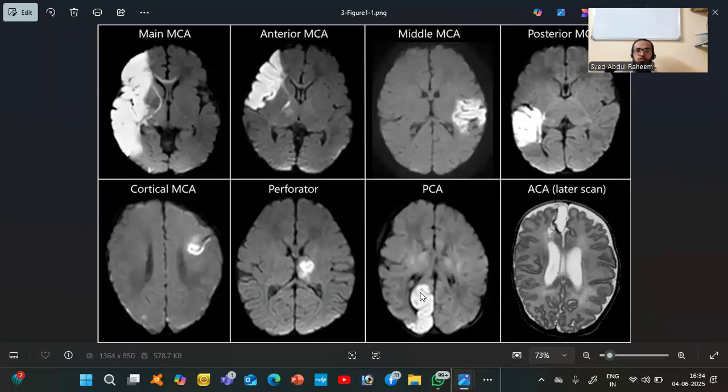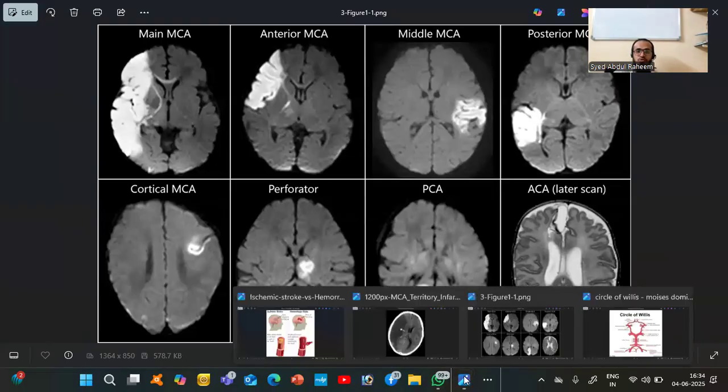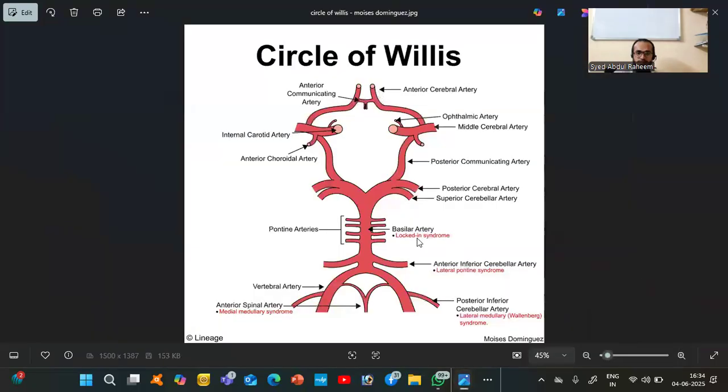And you have PCA, posterior cerebral artery, and you have ACA. This area is affected, the anterior cerebral artery. These posterior and anterior arteries. You can see that anterior, this is the anterior cerebral artery. And you have the posterior cerebral artery on both sides.